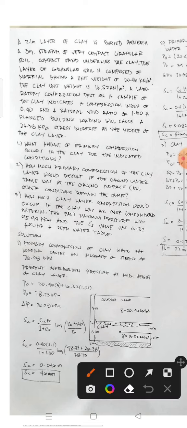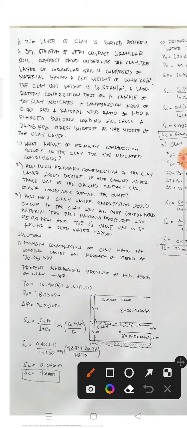So, solution number 1. Primary compression of clay when the loading causes an increase of stress of 26.38 kilopascal. This is the present overburden pressure at mid-height of the clay layer. So, sa pagkuha ng Po, times lang natin ang unit weight ng compact sand sa height nito na 3 meters.